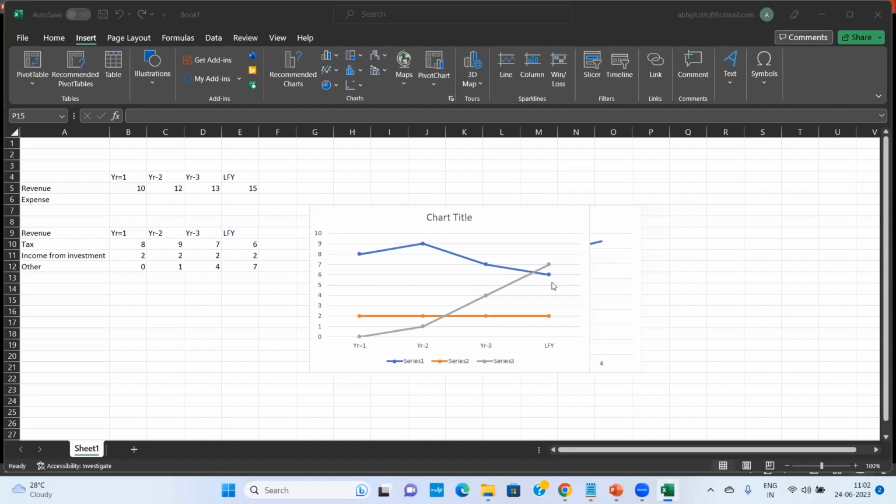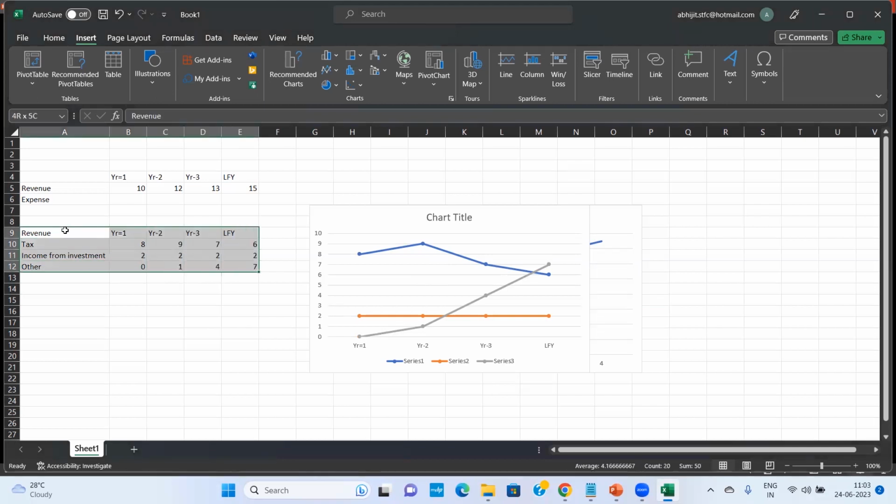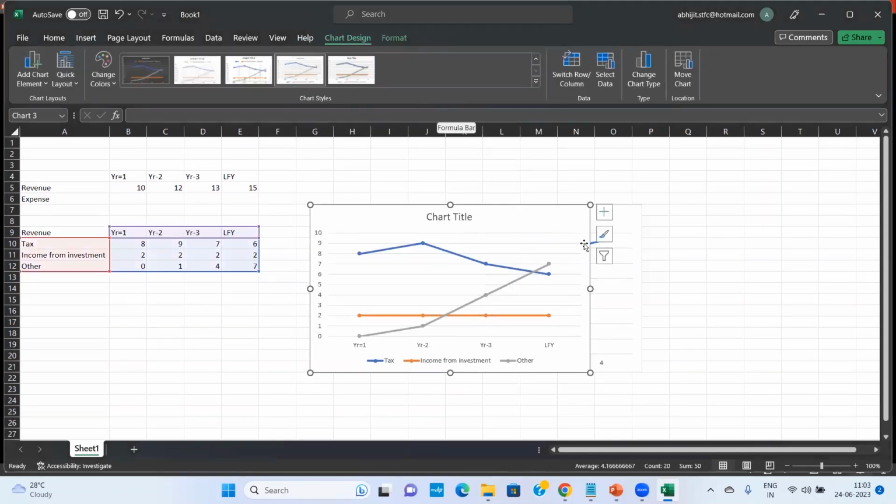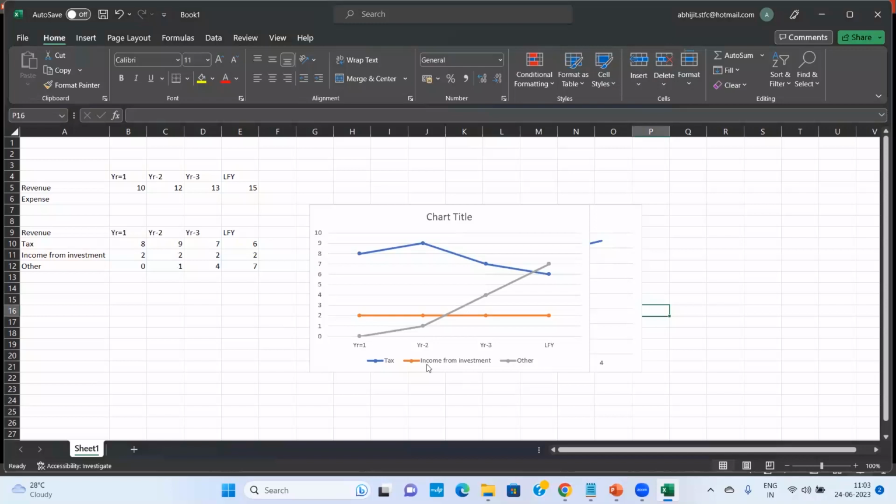Correct. So this is how the graph looks. When we talk about series 1, series 2, series 3, ideally I should have taken it like this, and then I draw the graph. Now you see how the graph looks.